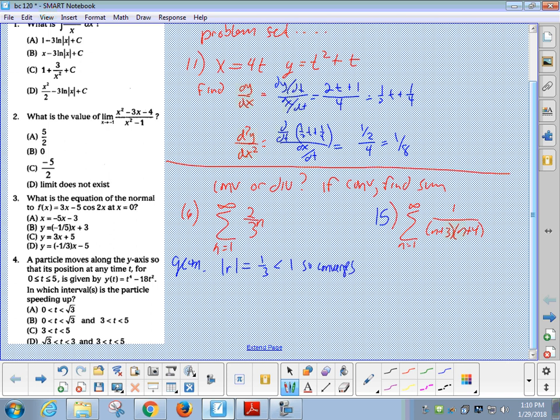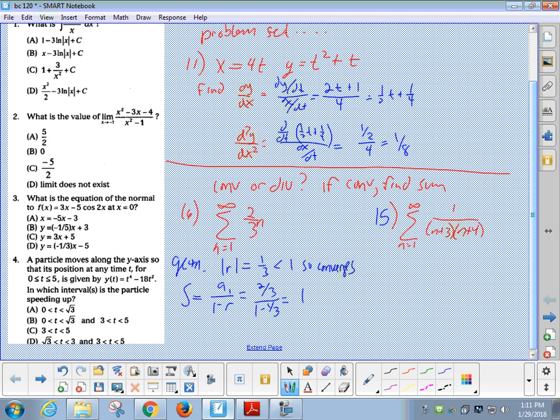You must communicate every one of those details before you try to find a sum. Because it converges, I'm allowed to use this formula for the sum: a1, in this case 2/3, over 1 minus 1/3, which is 1. That's what I expect to see: say it's geometric, meet the conditions for a geometric series to converge, and then use the formula.